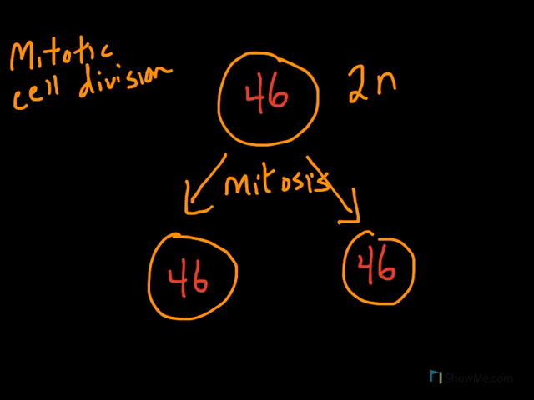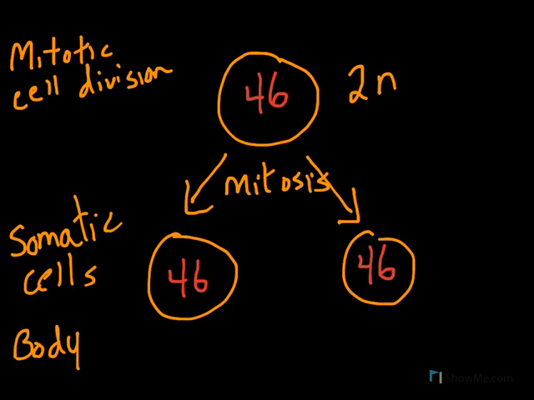And virtually all of our cells, body cells or somatic cells, have come from this type of cell division. So these result in somatic cells, which are virtually body cells.